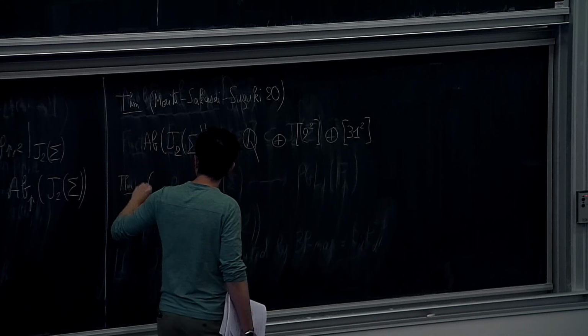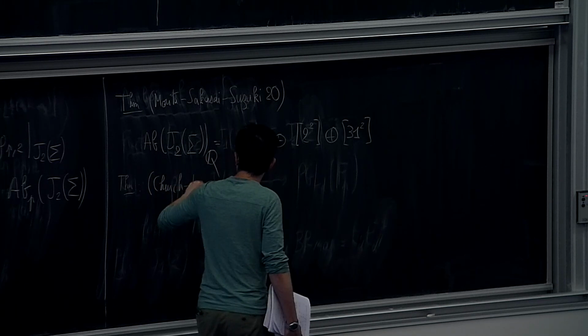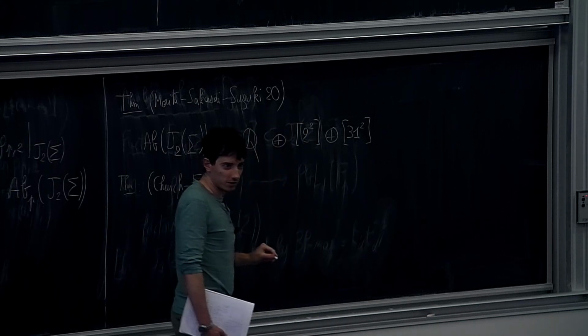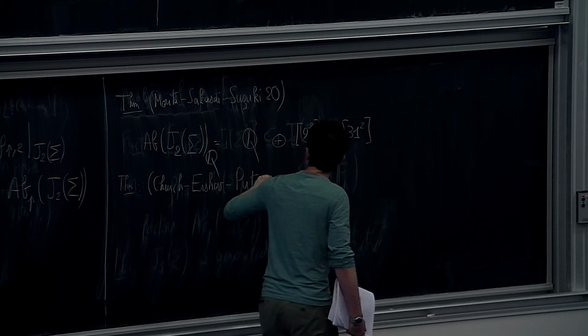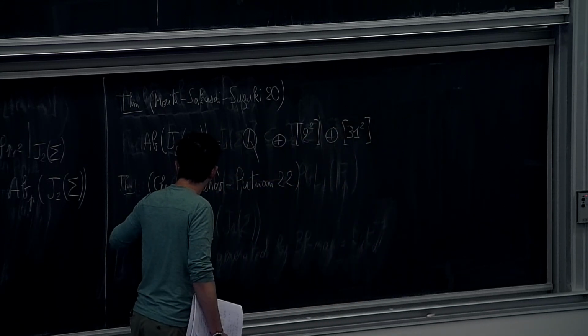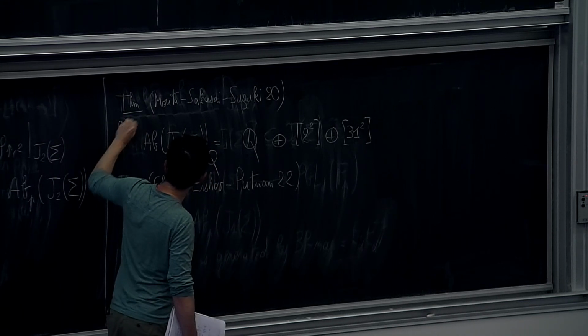Here, we will have to appeal to a theorem by Church, Ershov, and everyone's favorite expert of the Torelli group, which says, I forgot to say, here it's for g at least 6.